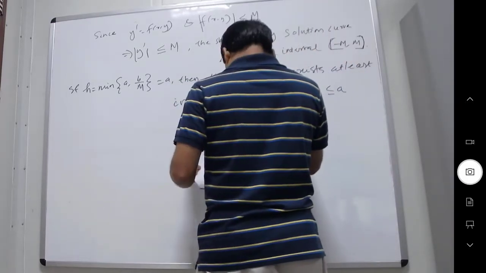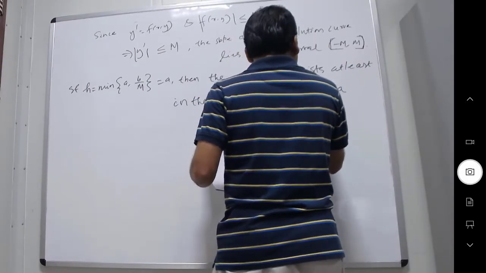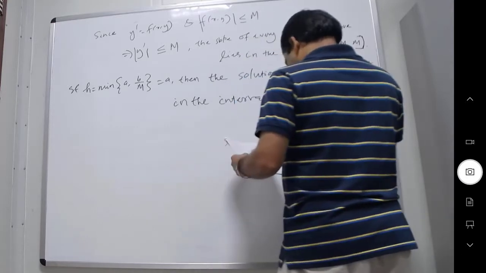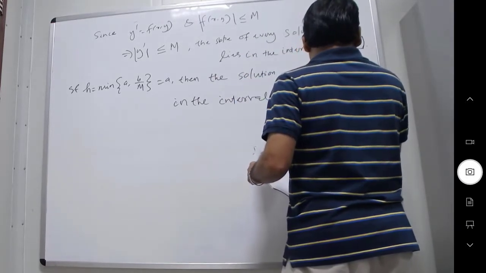That means x naught minus a to x naught plus a, right?